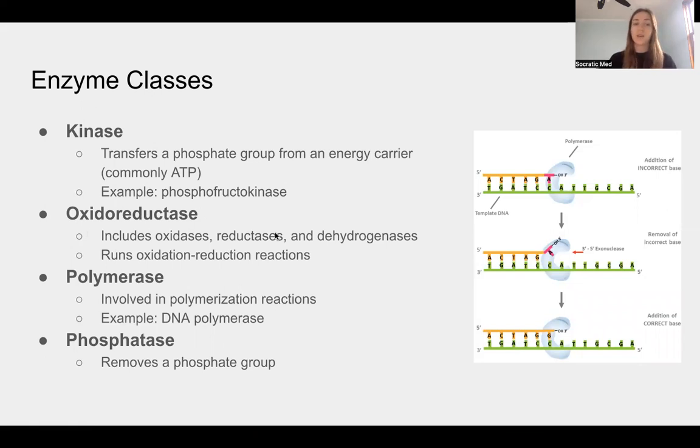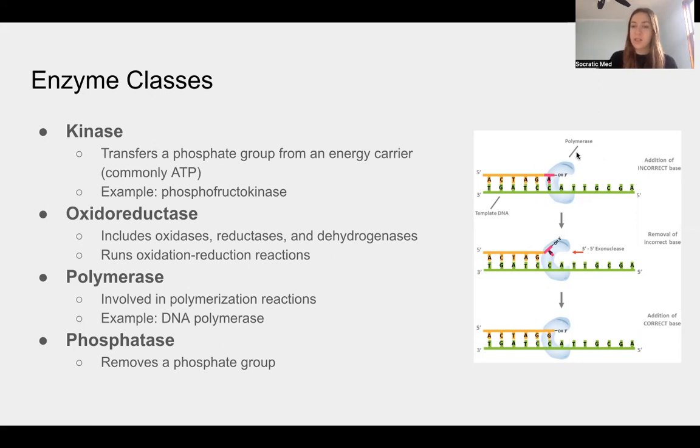Anyways, so oxidoreductase, these include oxidases, reductases, and dehydrogenases. So those can be broken down a little more, but just generally they're oxidoreductases. And these will run oxidation reduction reactions. Polymerases, these are involved in polymerization reactions. So a classic example here is DNA polymerase, which is what we have pictured on the right here.